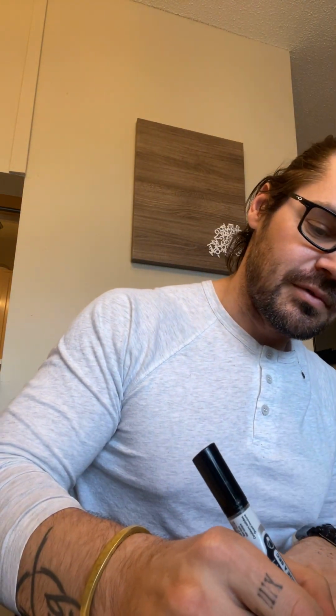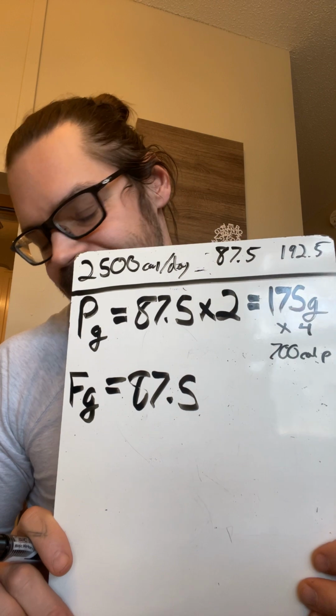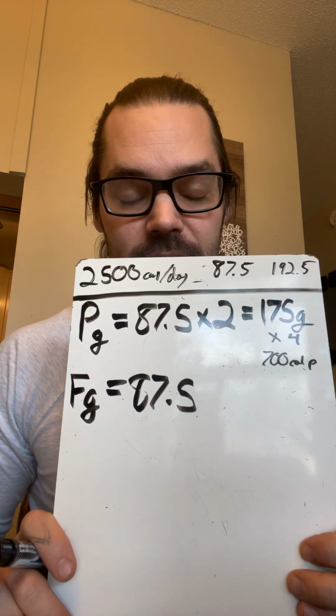Then we do fat. Fat's the easiest one to calculate. Fat grams equals your body weight in kilograms. 87.5. You end up with a decimal, you do what you want to round it. No set rule. You're going to see at the end why there's no set rules, but guidelines.